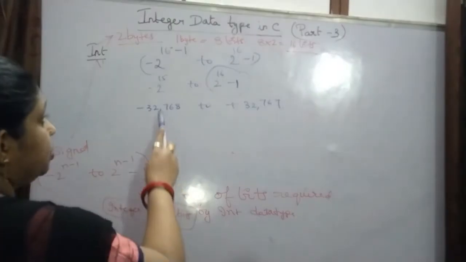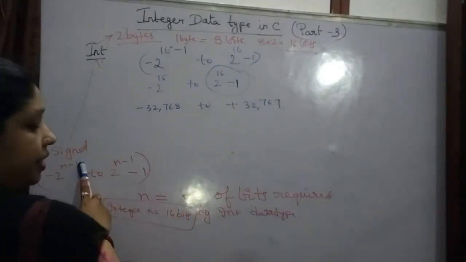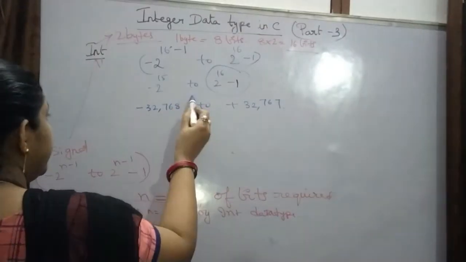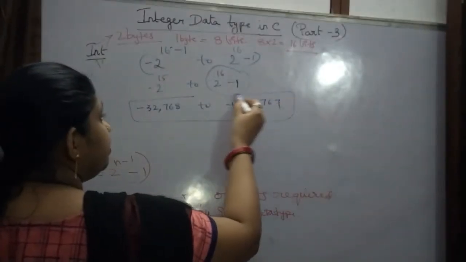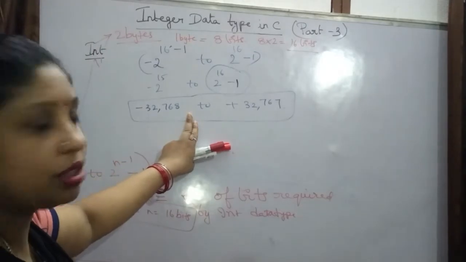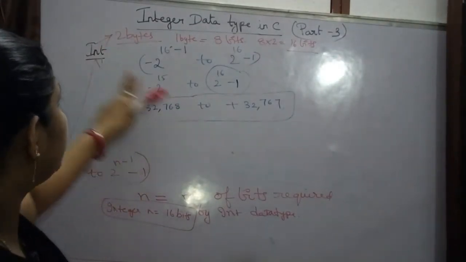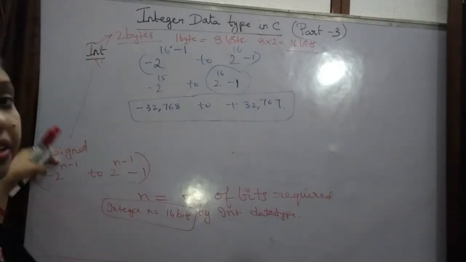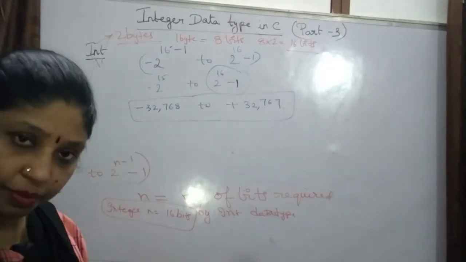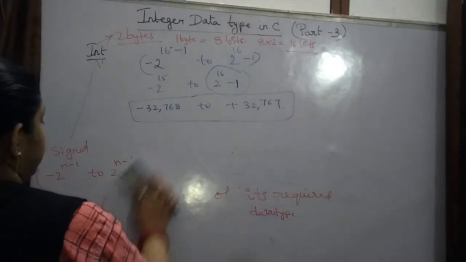This value comes around this and that value comes around that. So for the signed data type, you can use values in this range. This is the range you can use for the integer signed data type. Now I am going to explain about the integer unsigned data type.